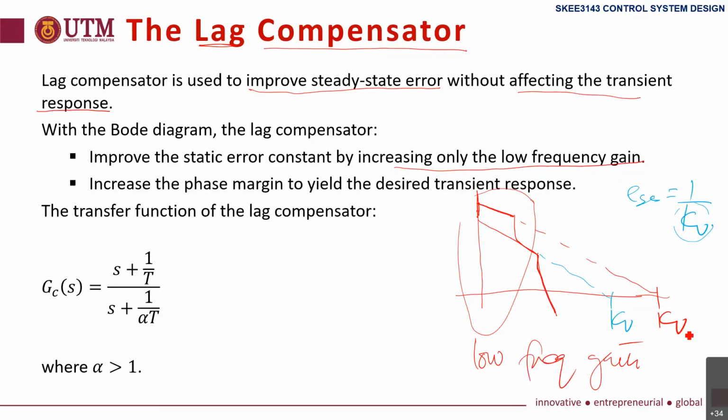That's the first one. The second one is to increase the phase margin to yield desired transient response. Later you will see when we improve the error, the transient response will slightly be changed.